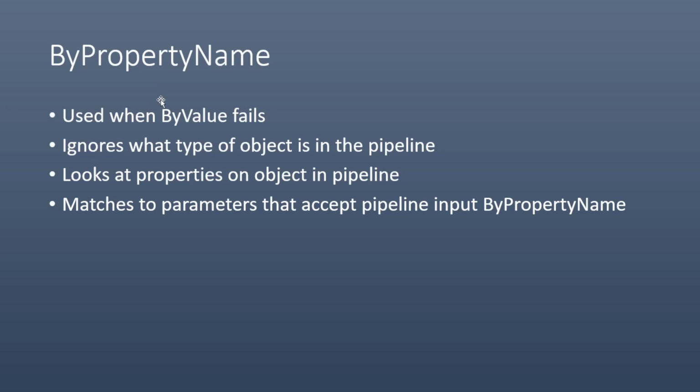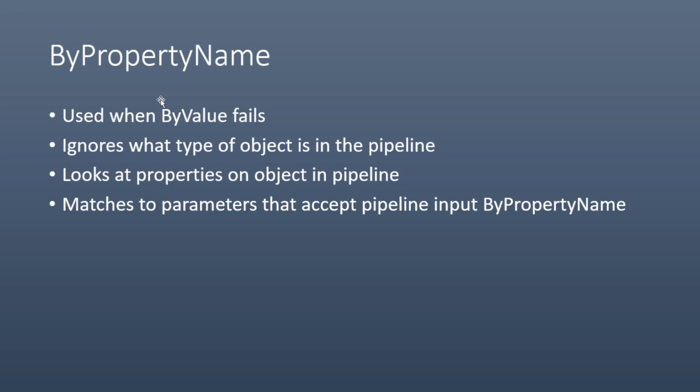For instance, when we were looking at the help on Stop-Service, it accepted two objects from the pipeline, a service controller and a string. That's it. What if there's a different object in the pipeline? What if there's an integer, a process object, or an AD computer object? Who knows? That wouldn't match up with the by value system.